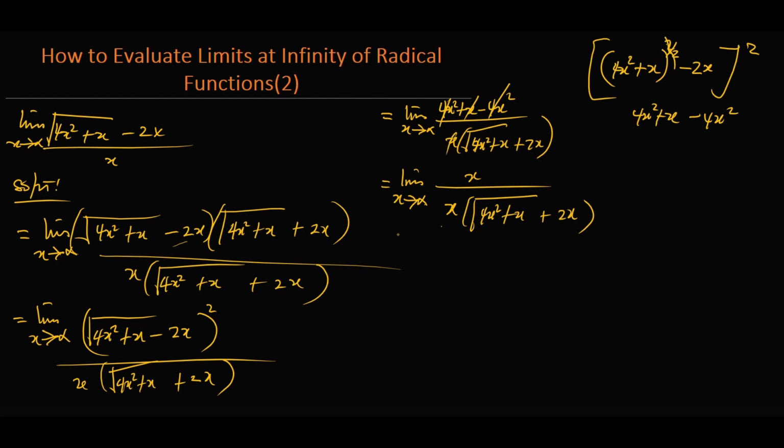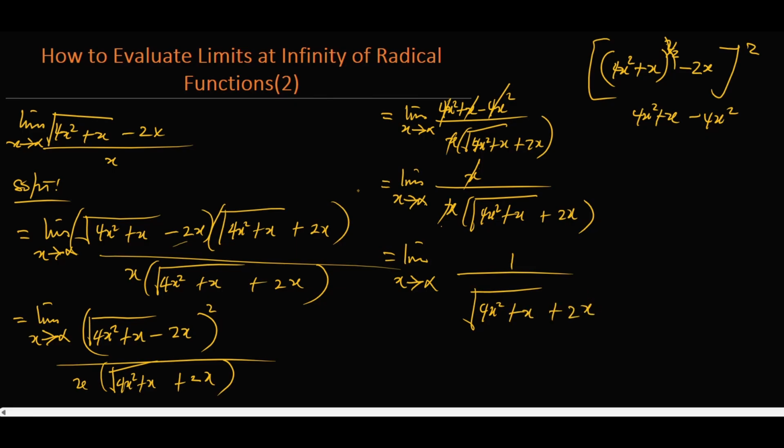So here x cancels out x. We have the limit as x approaches infinity of 1 all over root 4x squared plus x plus 2x.